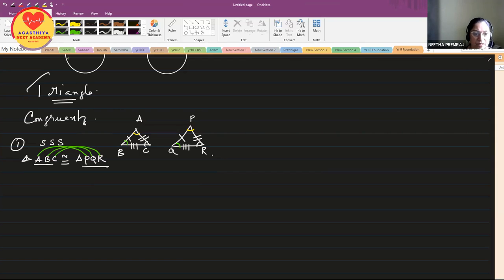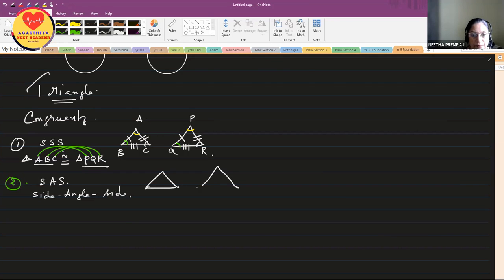Next congruency is SAS. SAS means side angle side. If there are two triangles, again I take ABC and PQR.